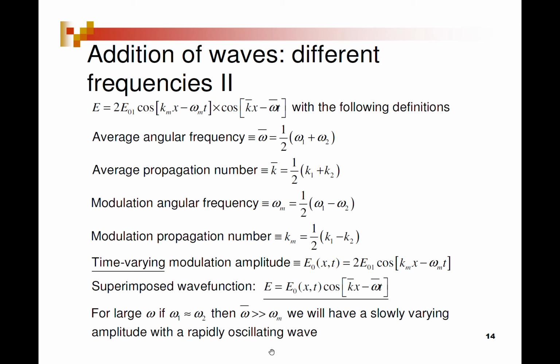So if omega 1 and omega 2 are very similar, then omega bar is much larger than omega m, and we will have a very slowly varying amplitude. Omega m is very tiny, so that as a function of time it is slowly varying. And then this omega bar is much larger, such that it is rapidly oscillating.